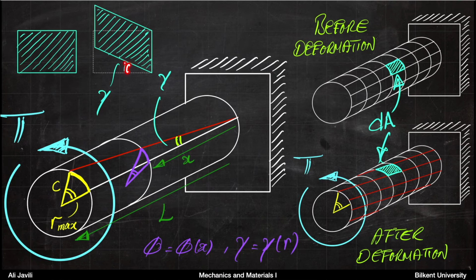If you remember, we call that angle gamma shear strain.